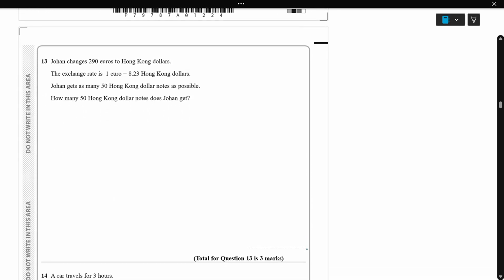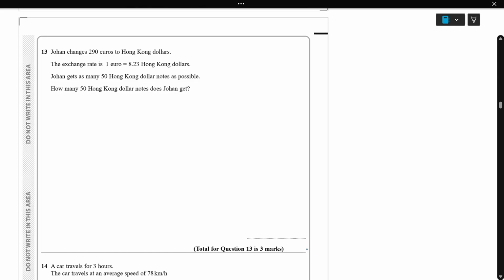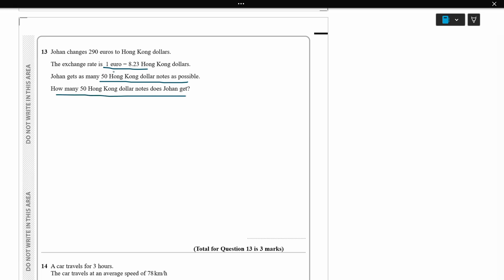Next, question number 13. Johan changes 290 euros to Hong Kong dollars. So 1 euro equals this much. Johan gets as many 50 notes as possible. How many 50 notes does Johan get? 1 euro equals 8.23, so 290 euros becomes 290 times 8.23.